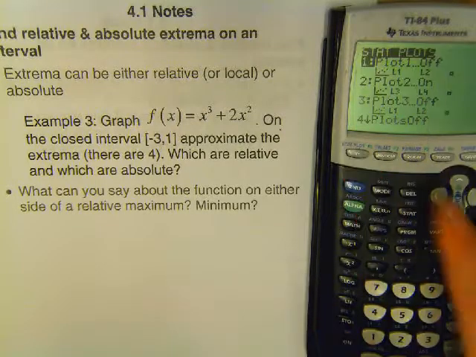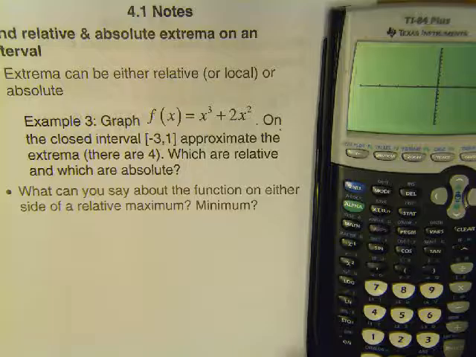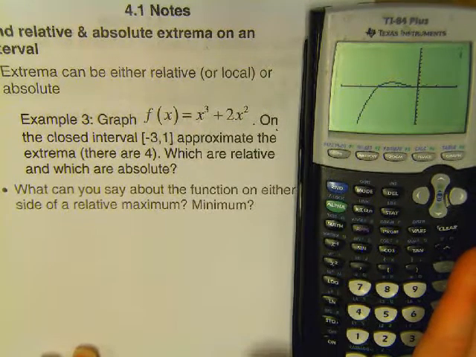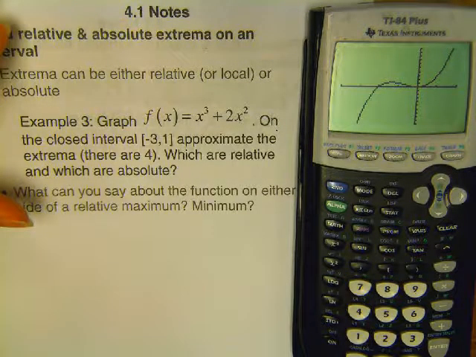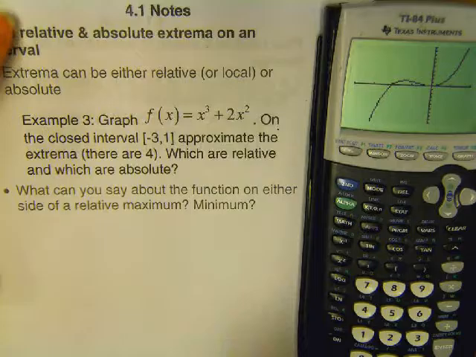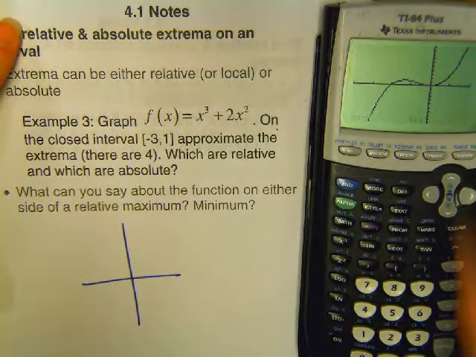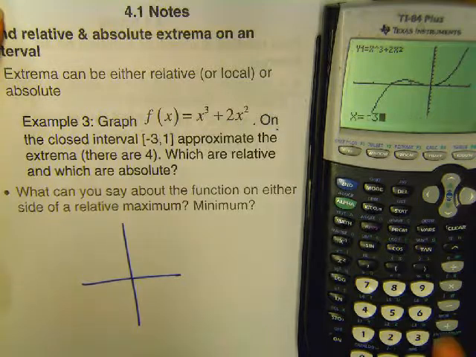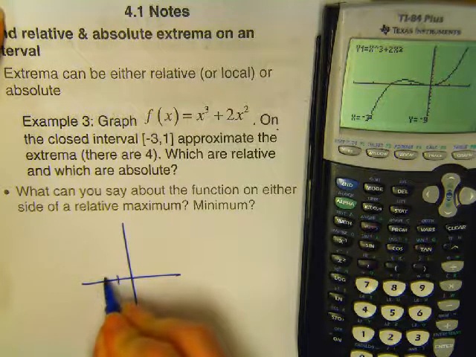Okay, so what I want to point out to you is that there are some absolute maxes and mins, and if we would sketch a picture of this graph, let's trace at negative 3 and see where we're at. Okay, so we have negative 3, 9. A rough sketch.